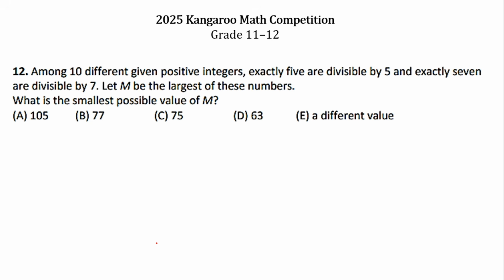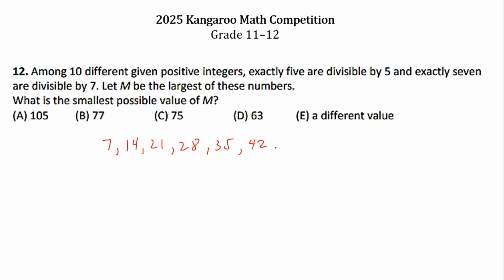Now, the first 6 positive integers divisible by 7 are 7, 14, 21, 28, 35, and 42. And take note that 35 is divisible by 5. Now, we need one more number that's divisible by both 7 and 5, since we need 7 integers divisible by 7.